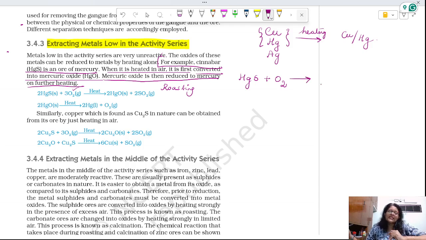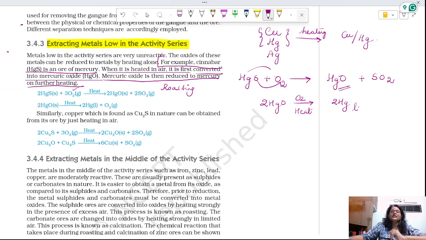So HgS plus O2 gives HgO, along with sulfur dioxide, as there is a lot of excess oxygen. Then this HgO on further heating, with oxygen still around, gives Hg, the liquid form, and oxygen. We need to balance this equation. 2HgS plus 3O2 gives 2HgO and 2SO2.